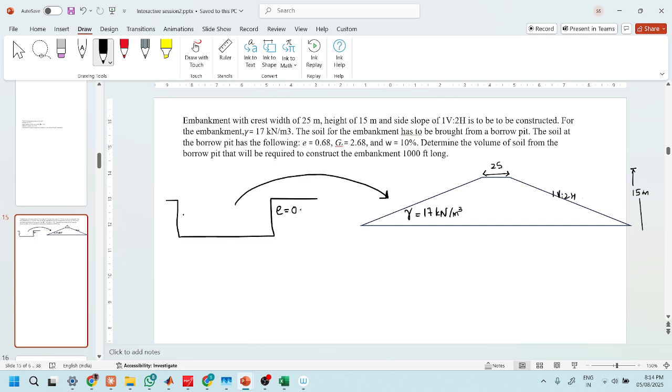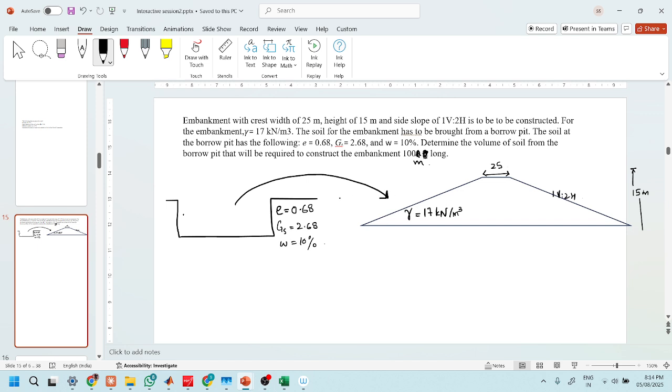E is 0.68, GS is 2.68, W is 10%. Determine the volume of the soil from the borrow pit that will be required to construct the embankment.